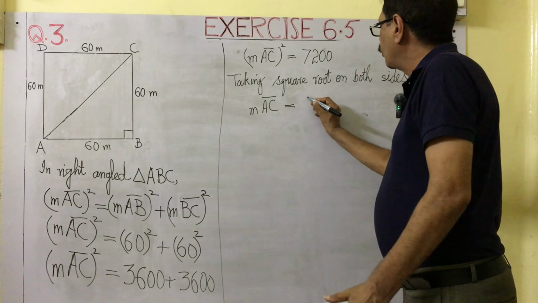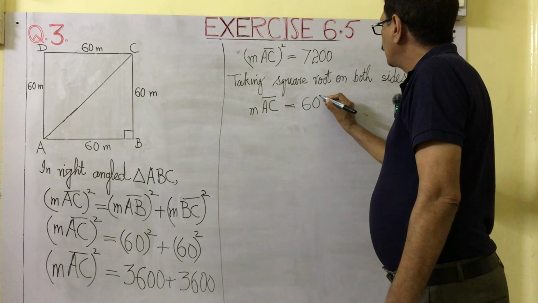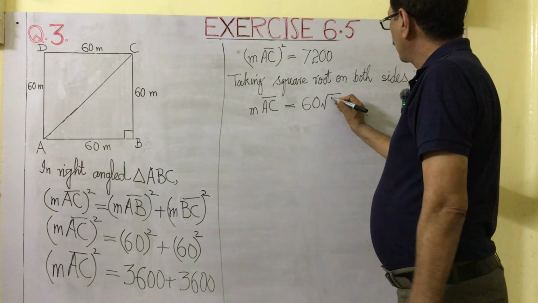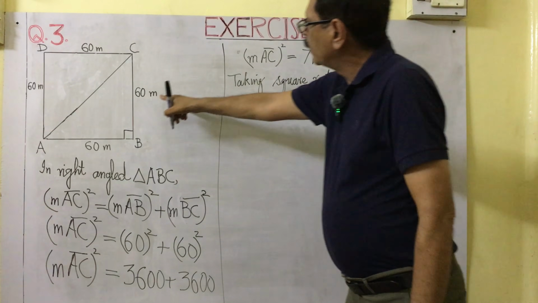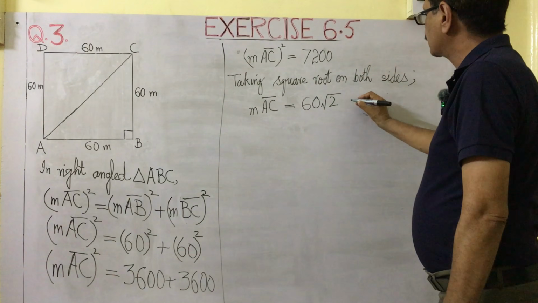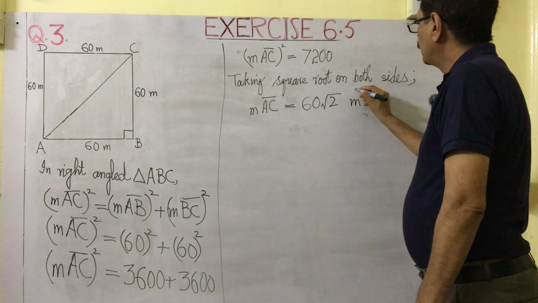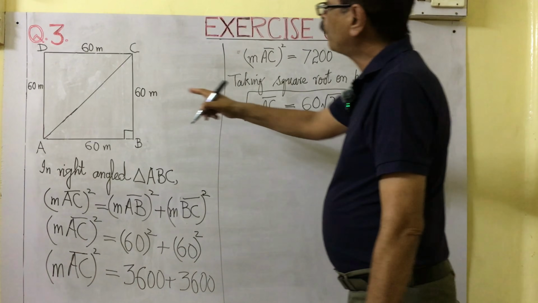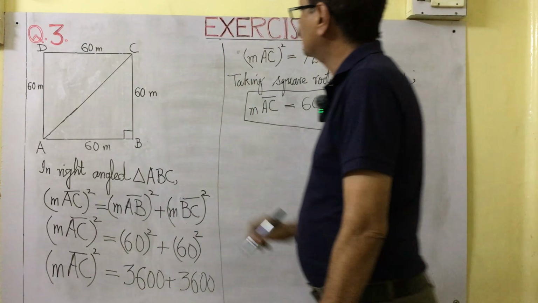This is equal to 60 into square root of 2. Unit is meters. This is the length of one diagonal AC.